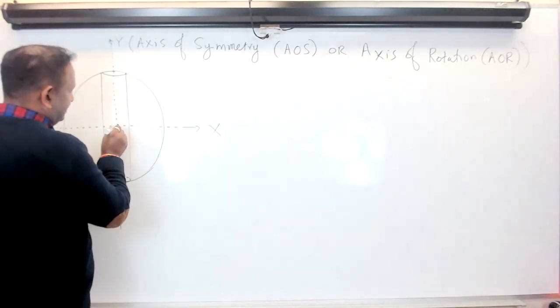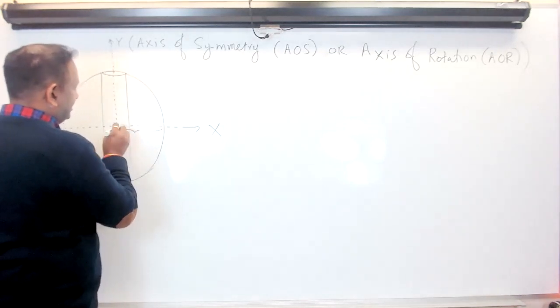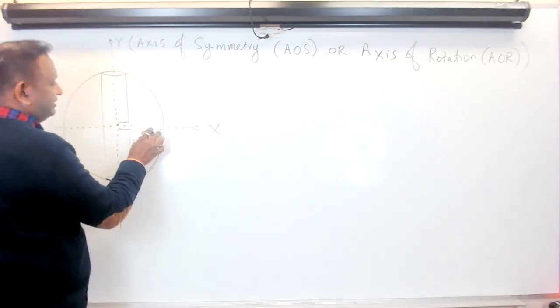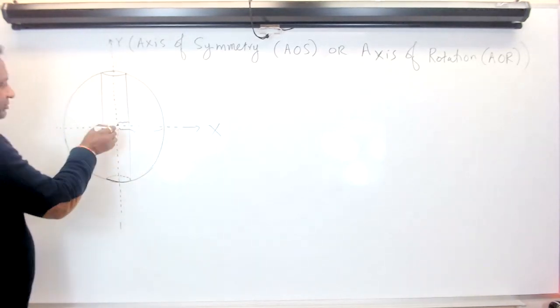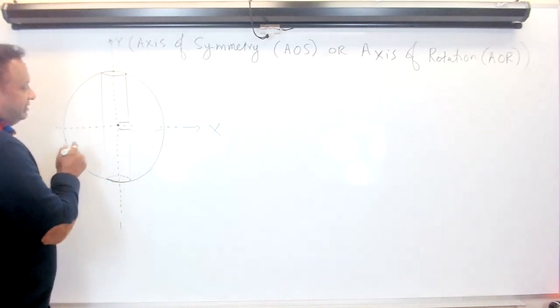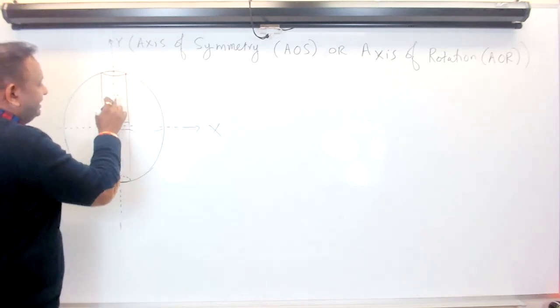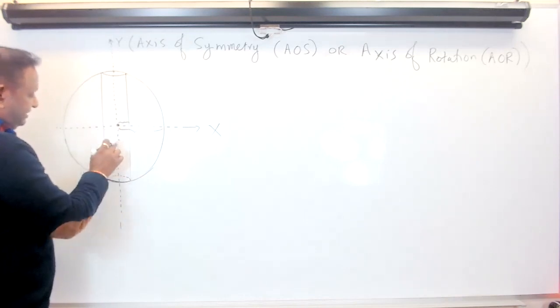From here to here is the radius of the sphere. From here to here is the radius of the cylinder, and this side as well. For the sphere, it can go either way, this length is the same as this length.